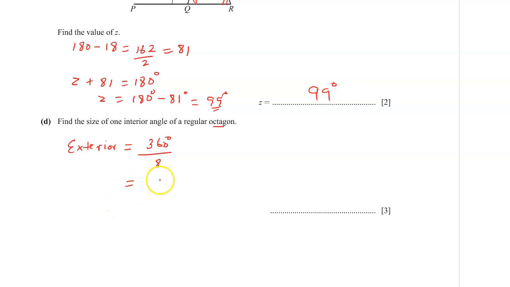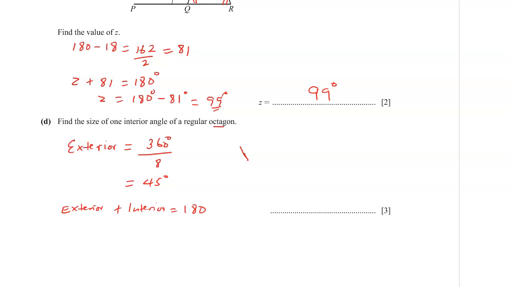Therefore, this will give us 45. Therefore, 45 exterior angle plus interior angle is equal to 180.